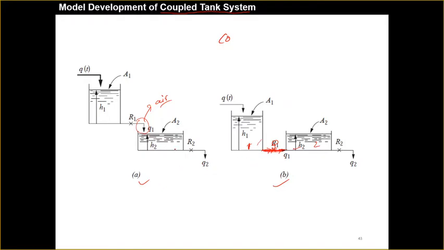Now we will see the dynamics, only because of this connection. Why? Because of the connection between the two tanks, R1 will now depend on both tank 1 as well as tank 2. Am I right or wrong? However, in this scenario, R1 is only dependent on this tank. Yes or no?